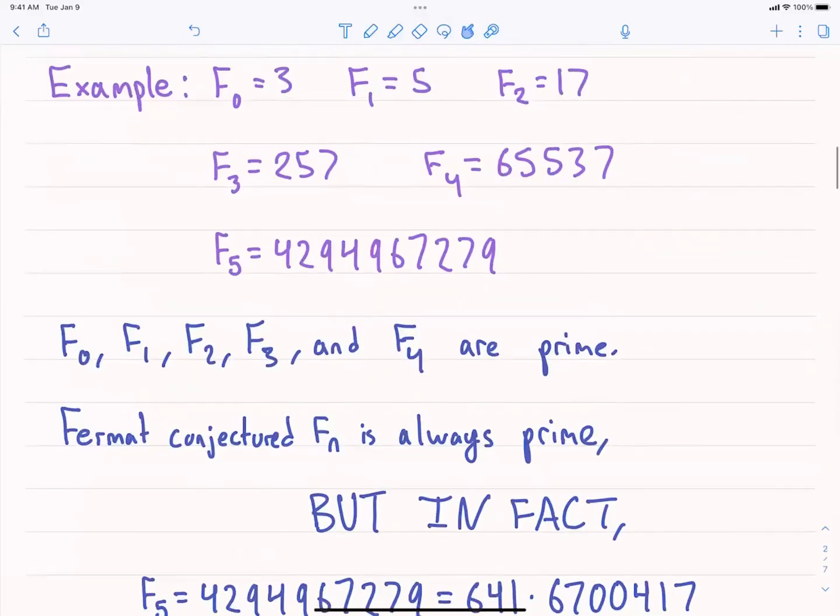It turns out you can construct a regular 5-gon because this Fermat number F1 is 5. So you can construct a regular 3-gon, a regular 5-gon, a regular 17-gon, a regular 257-gon, a regular 65,537-gon. You can't construct a regular this-gon.